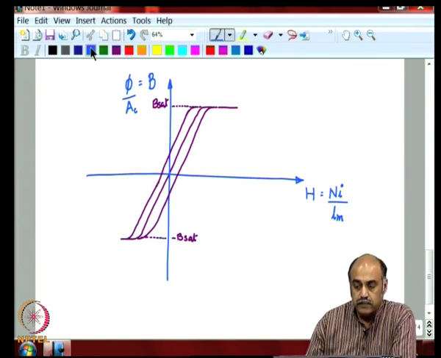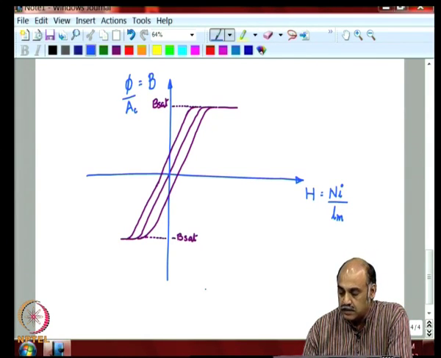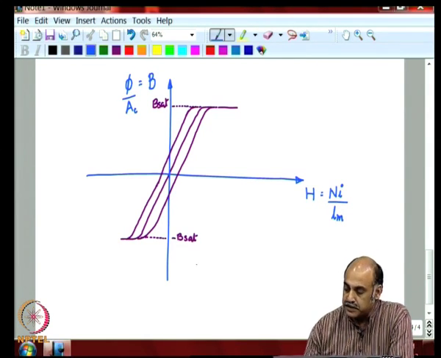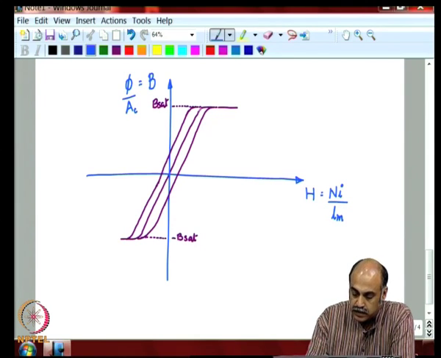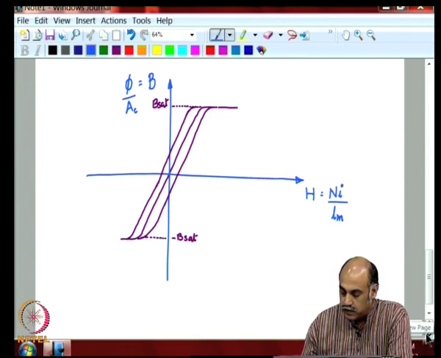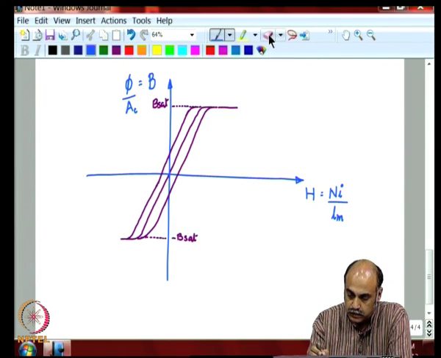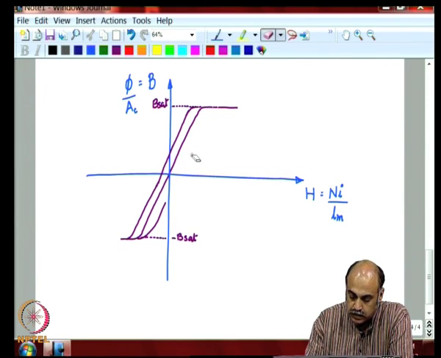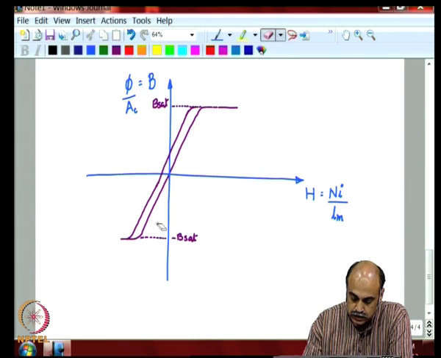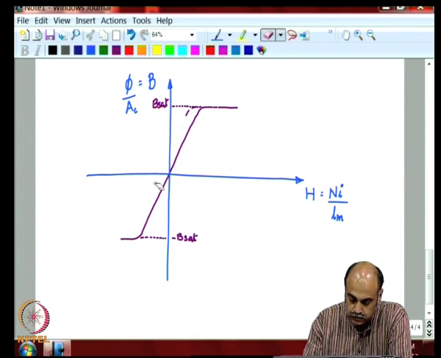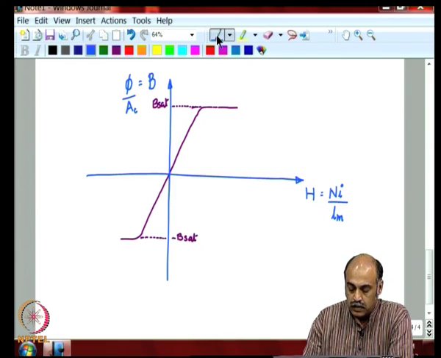However, to understand, we shall consider the virgin specimen without the hysteresis, so that you get a clear understanding of what is happening within the core. So, let us take out the hysteresis portion.